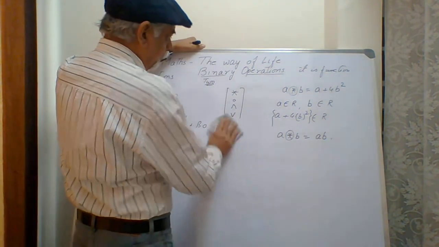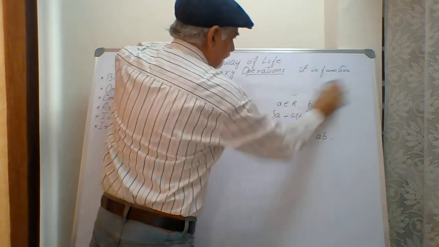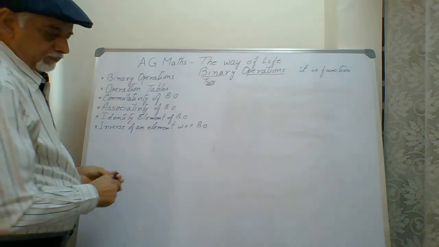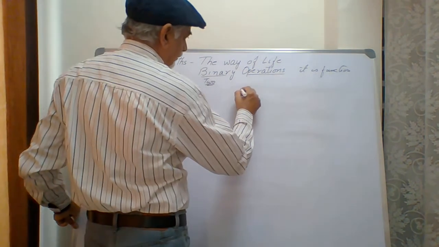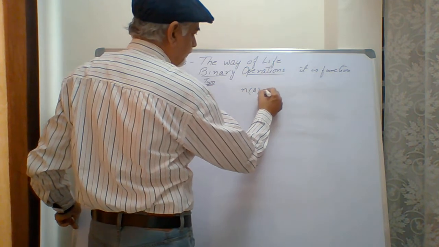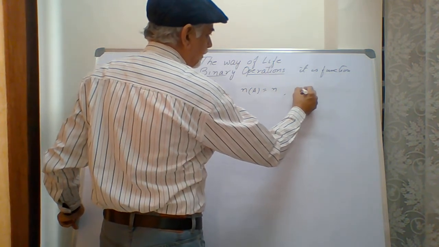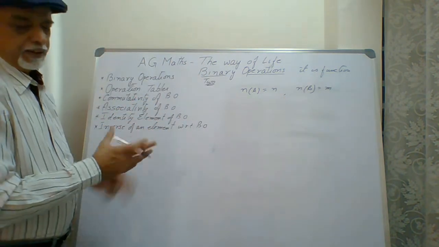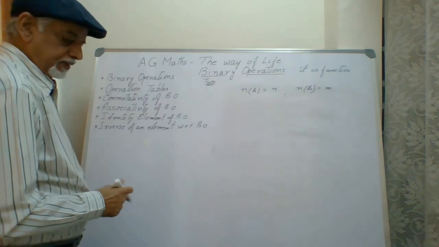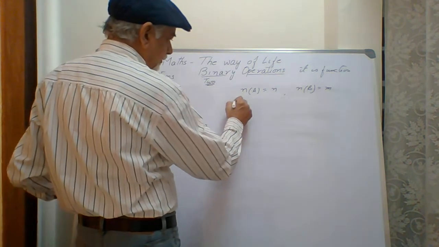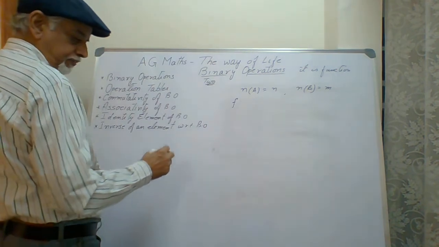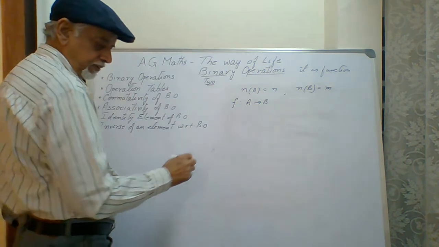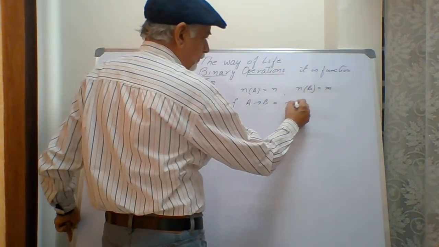Now I tell you one more important thing. If I say n of A means the cardinal number of A is small n and the cardinal number of B is small m. These are two sets, A and B, maybe some natural number sets. Then the number of functions from A to B is equal to m to the power n.